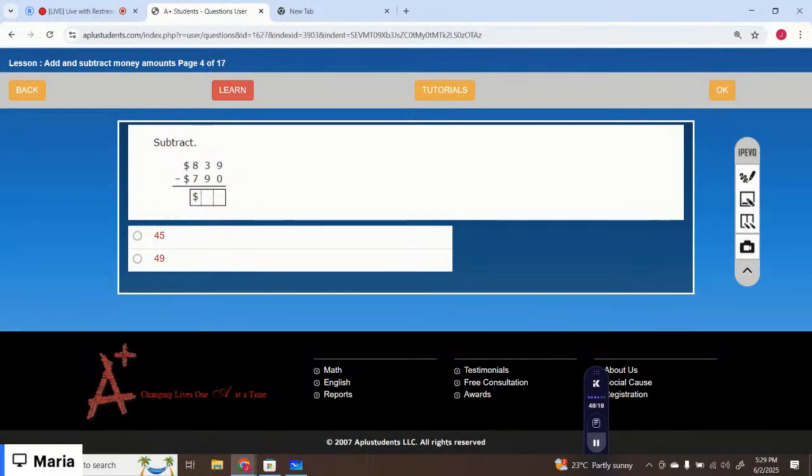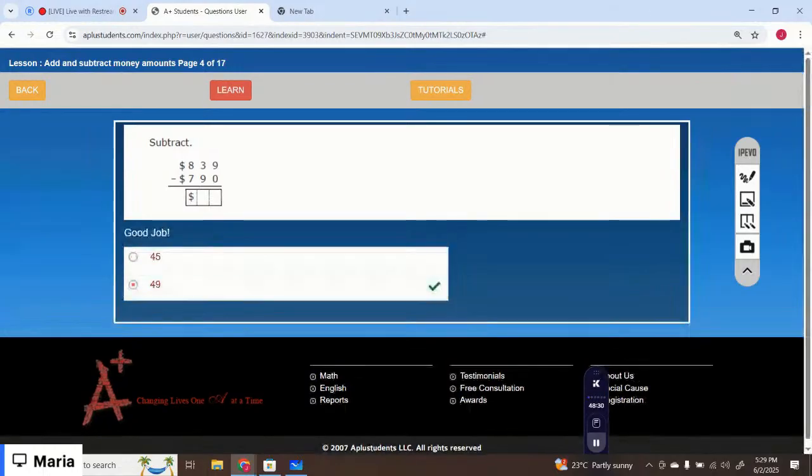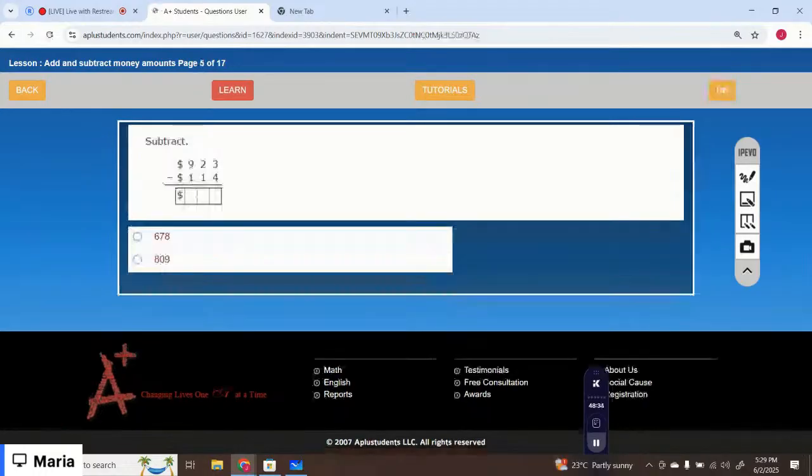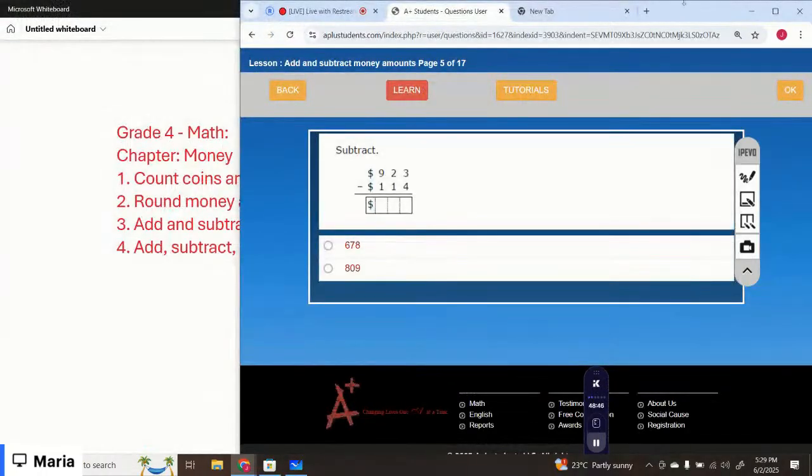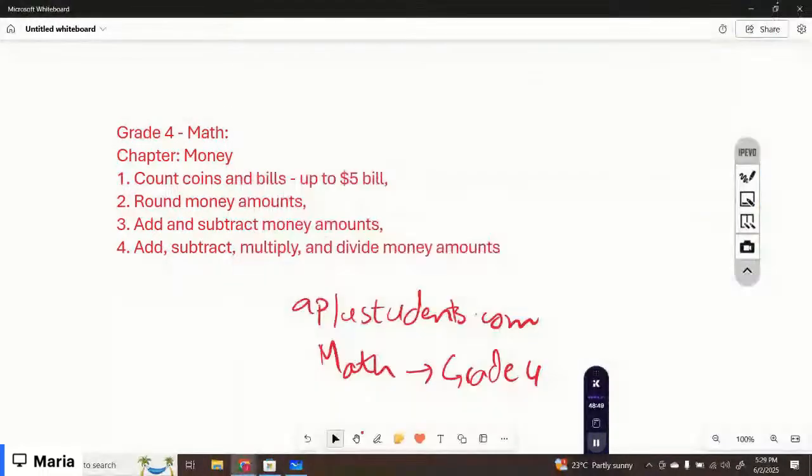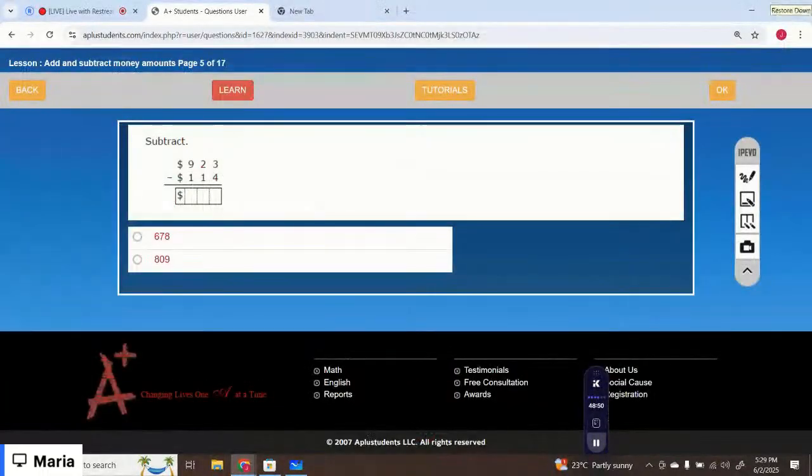Subtract 839 minus 790. So which is the correct option? Option number two is the correct option. That is $49. 923 minus 114, which is the correct option?